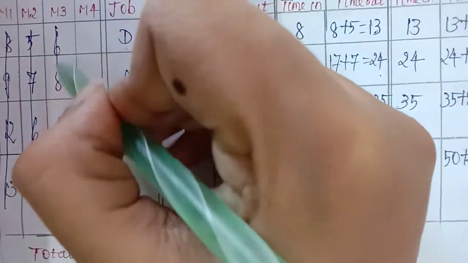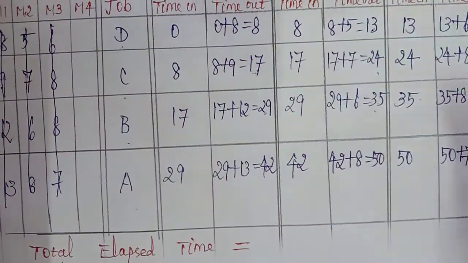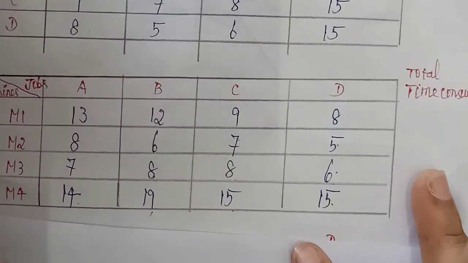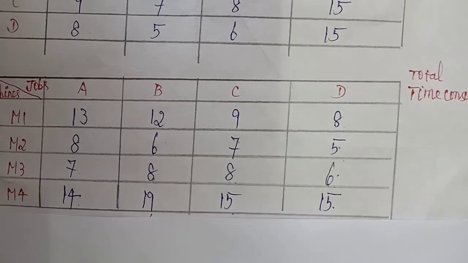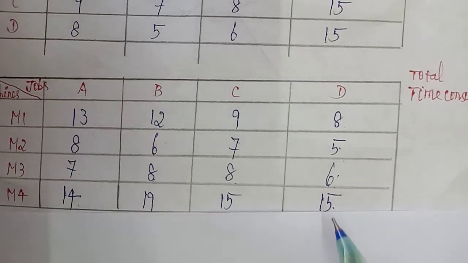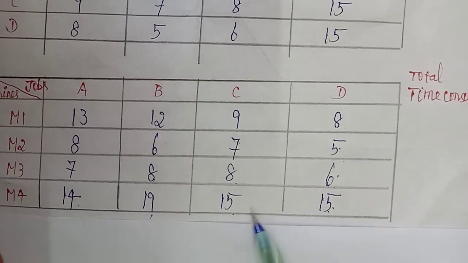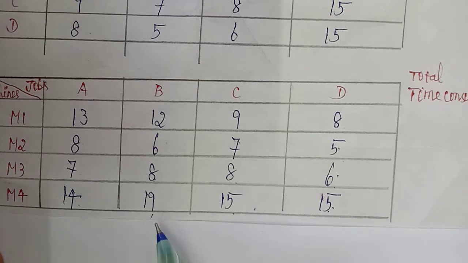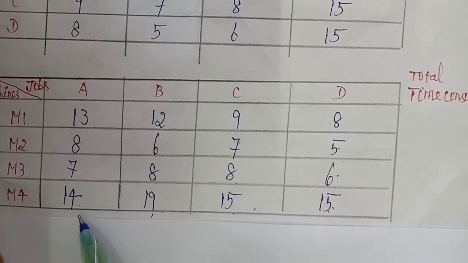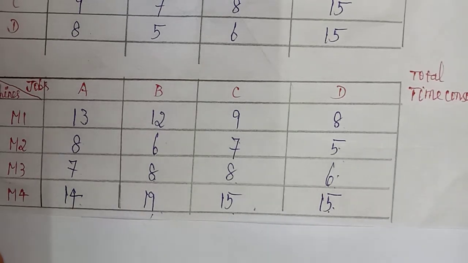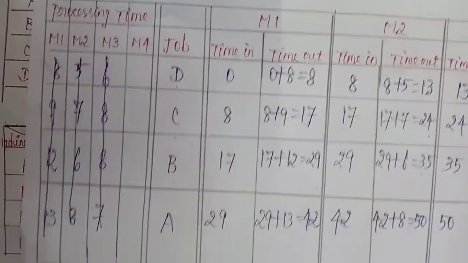You strike M3 processing time values. Now from the given problem you write M4 processing time. So M4 processing time of D job is 15, C job is 15, B job is 19 and A job is 14. So 15, 15, 19, 14.